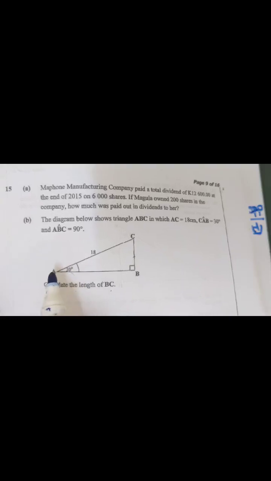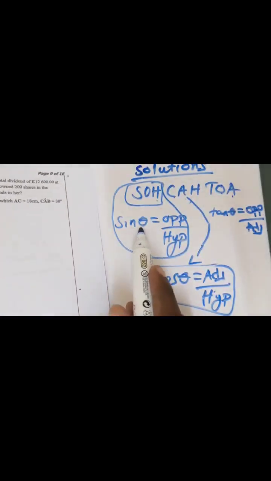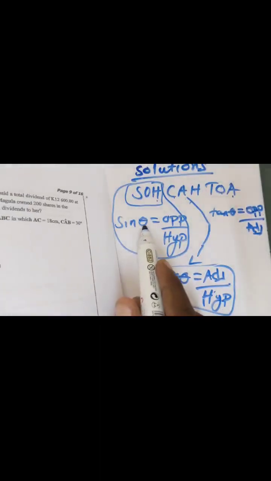This angle is opposite to BC, so this you should know. Meaning that we can only use the formula for sine here, because if we say sine theta, let's say sine 30, so sine 30 is equal to what?